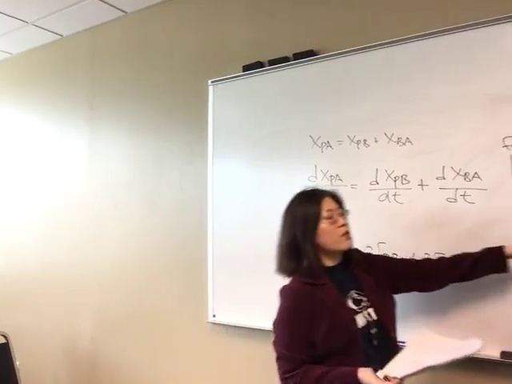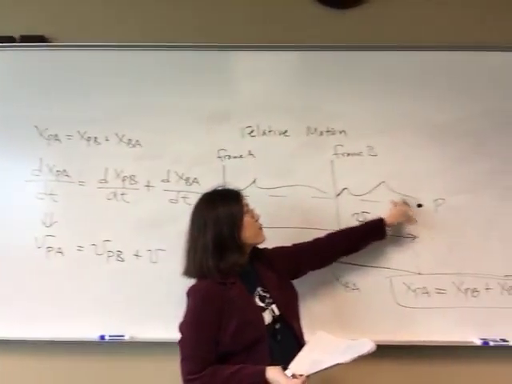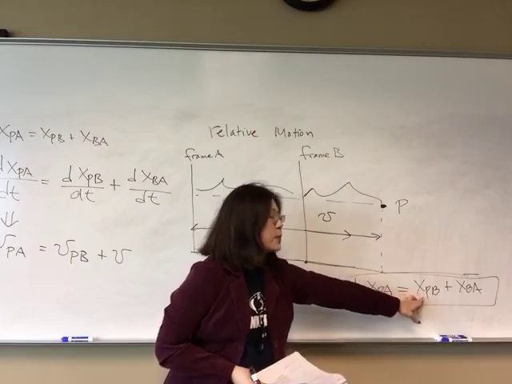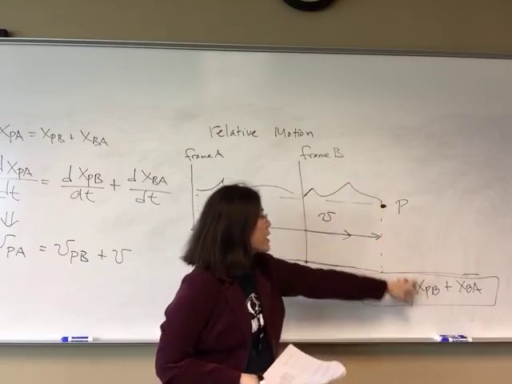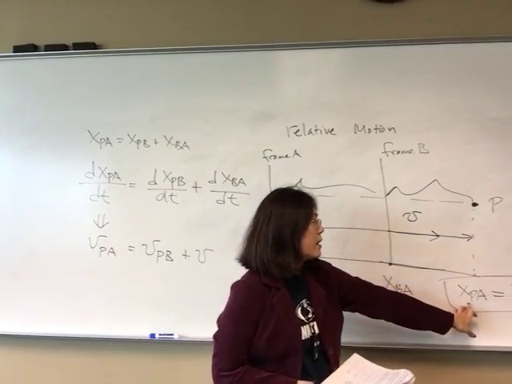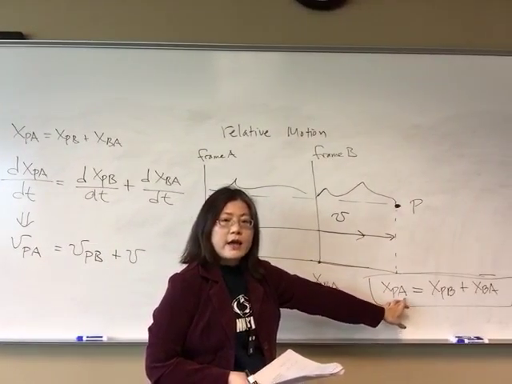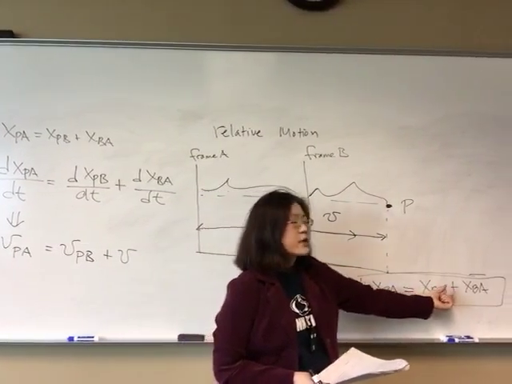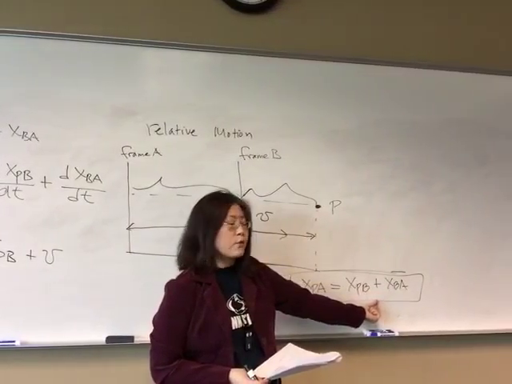Let's say when you want to measure the position of this one in frame B, you get XPB. But if you measure it in frame A, you actually have XPA. And how they are related to each other really depends on the separation between these two frames.